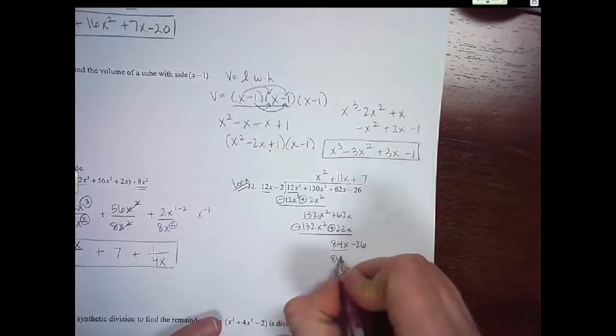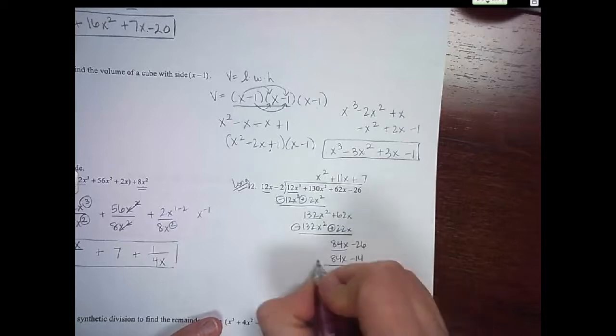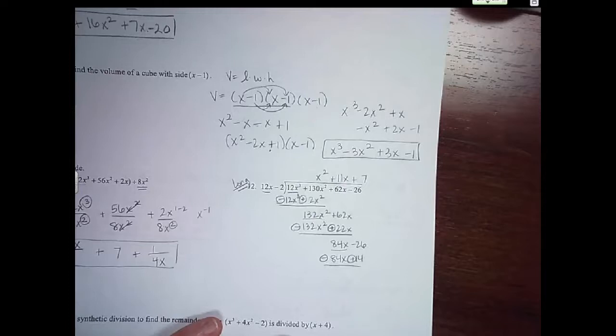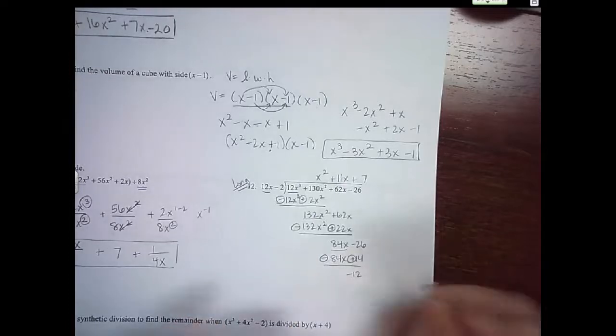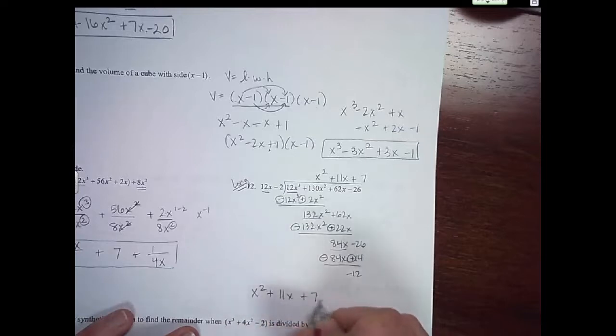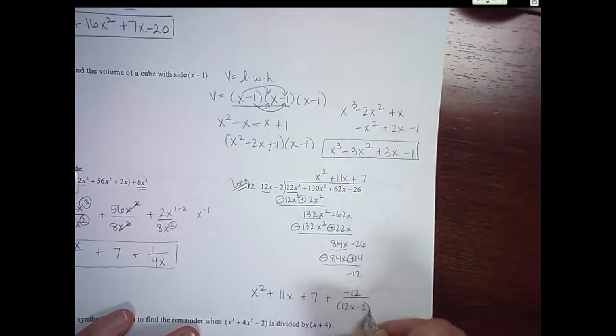And then multiply again. Subtract. And I get negative 12 as my remainder. So my answer is x squared plus 11x plus 7 plus negative 12 over 12x minus 2.